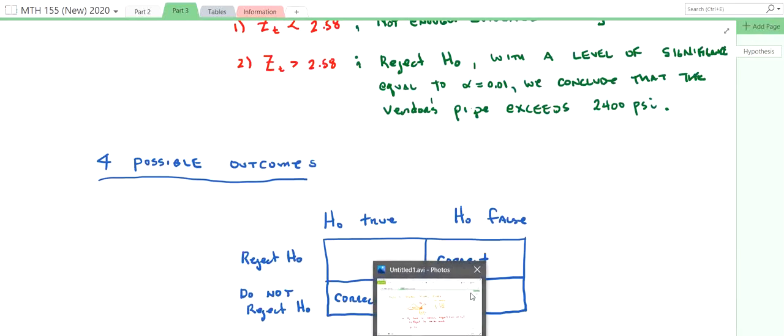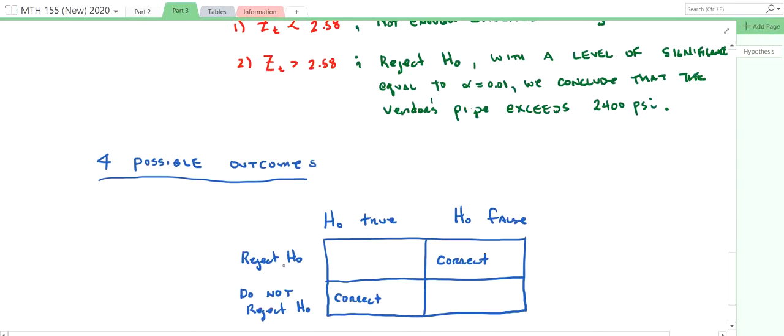However, if we reject the null hypothesis and the null hypothesis actually turned out to be true, then we made an error. This is in fact what we'd call a type 1 error.